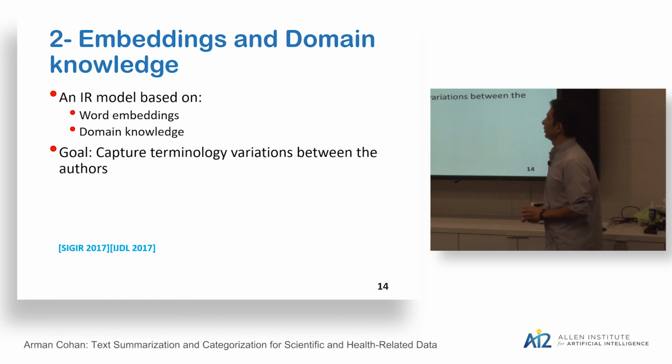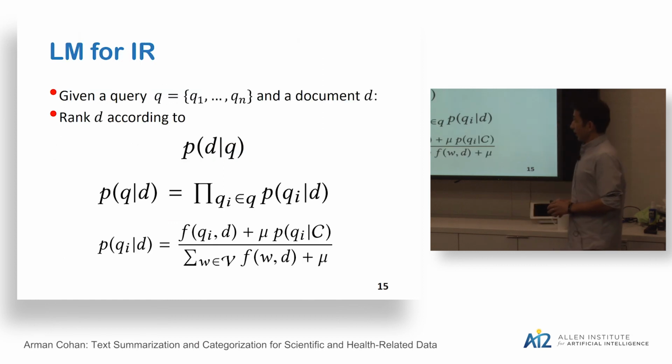In the second approach, we propose an information retrieval model that is based on word embeddings and domain knowledge, with the goal to close the vocabulary gap between the citing and cited authors. If you're familiar with language modeling for IR, we have a query which consists of several words.